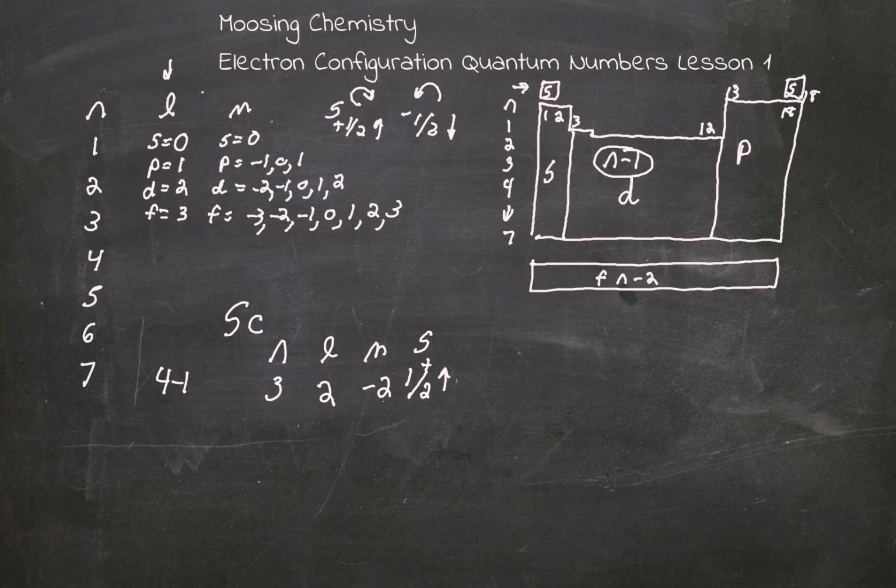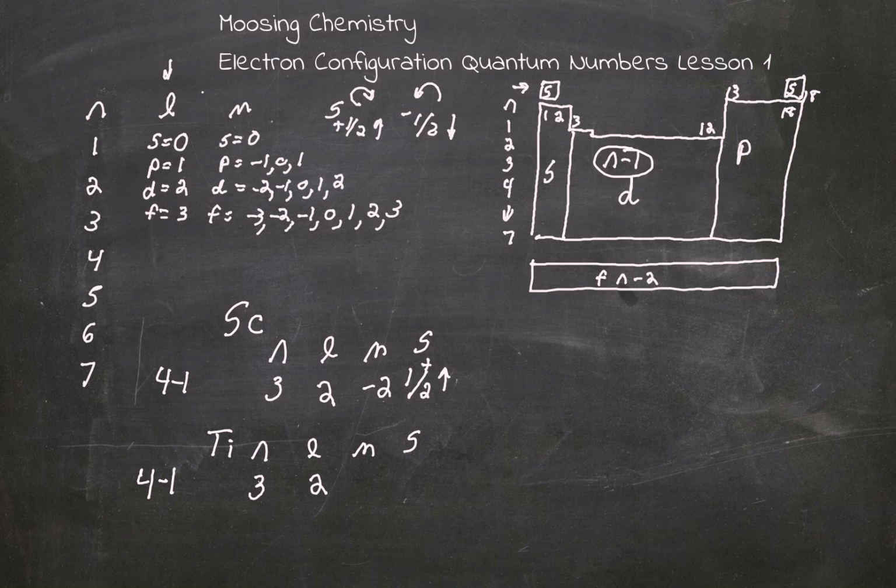Okay. So let's look at the next one, which is titanium, Ti. Ti also has an N, L, M, and S. Titanium again is in what appears to be the fourth row, but it's in the D block, so it's 4 minus 1. So we get 3. The L value, of course, is 2, like scandium above.